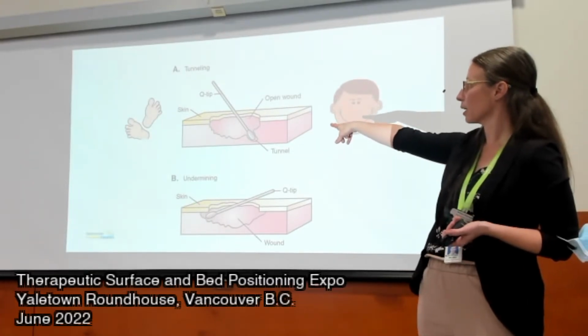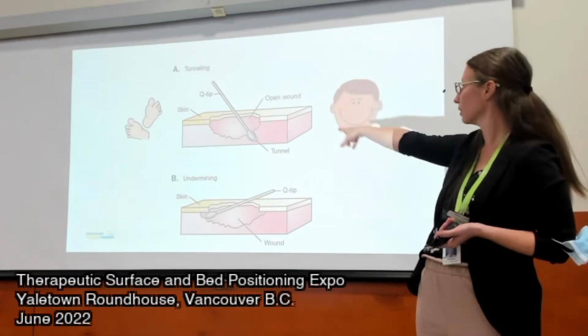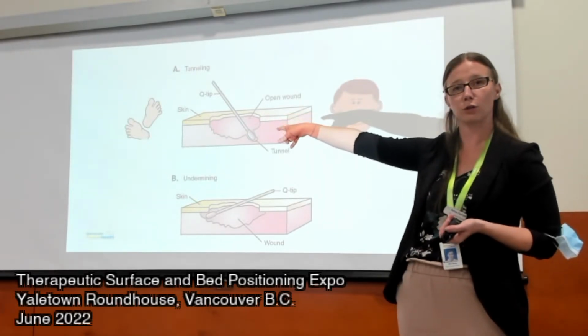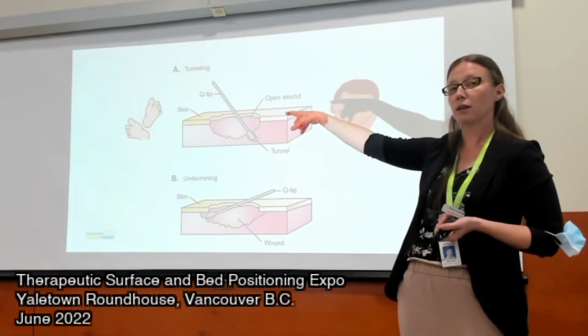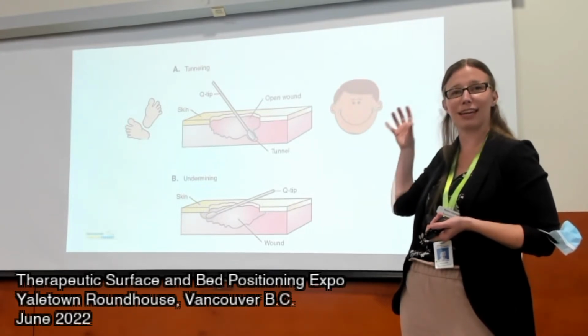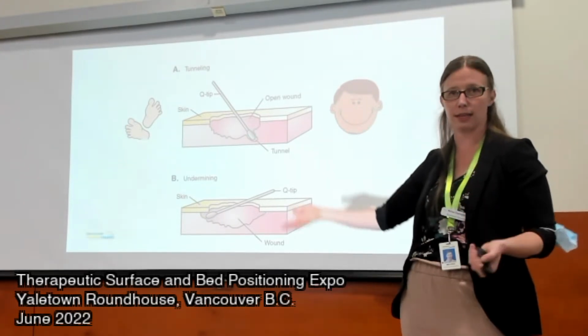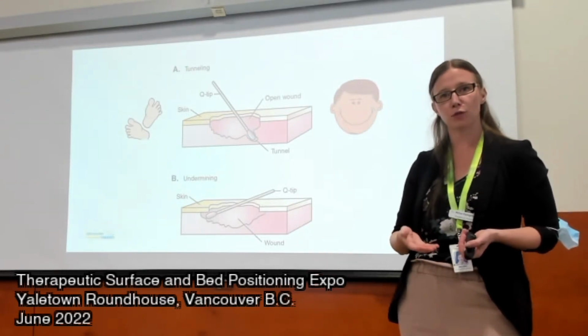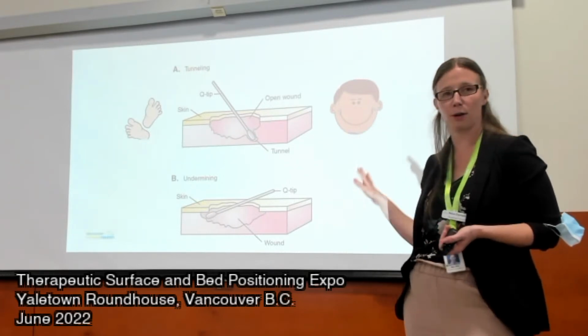So in this example, the tunneling is to 12 o'clock. The undermining is to 6 o'clock. The reason that we care about that direction is that it implies that shearing is taking place. So shearing has that directional movement. That's why we care about this.